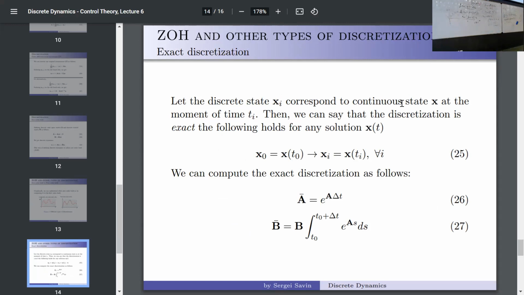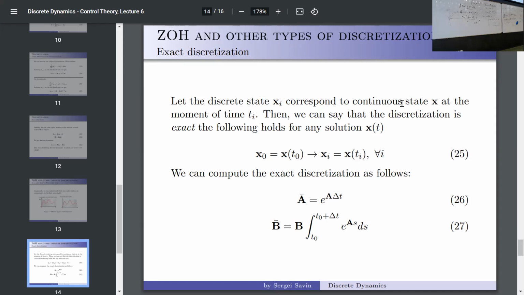We do it using matrix exponentials. I don't know if you studied them with Ivan Konyukhov, maybe you did. Matrix exponential is just a shorthand notation for the solution of the equation. Basically, you can solve the equation exactly, and you find the A matrix on this time period. And then you can also do the same for the B matrix.